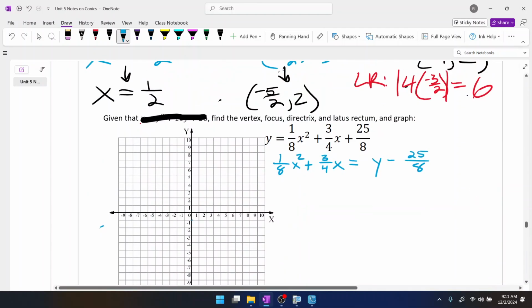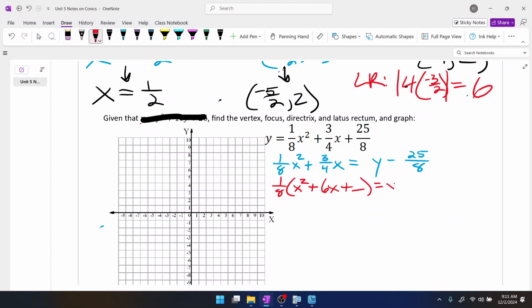So if we take out the 1/8, that's going to be x squared plus 3/4 divided by 1/8, or 3/4 times 8, that would be 6x plus something, and that's going to be y minus 25/8 plus 1/8 times whatever we put here.